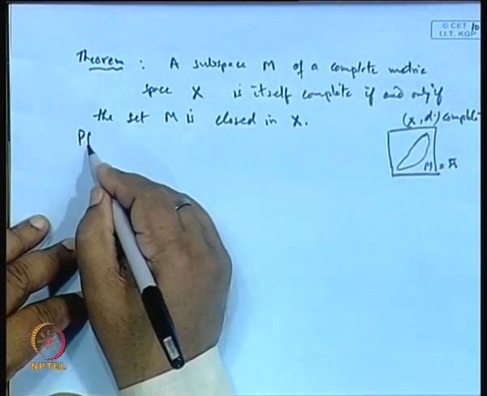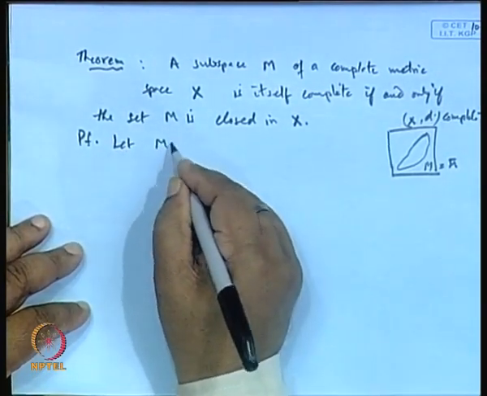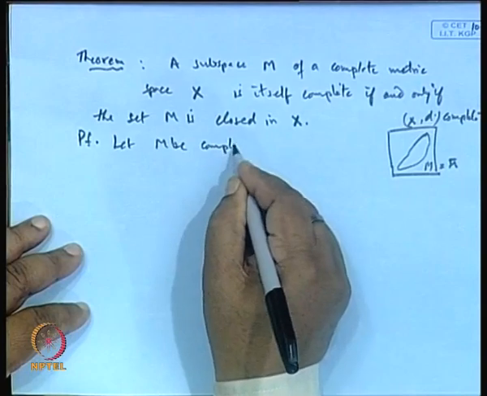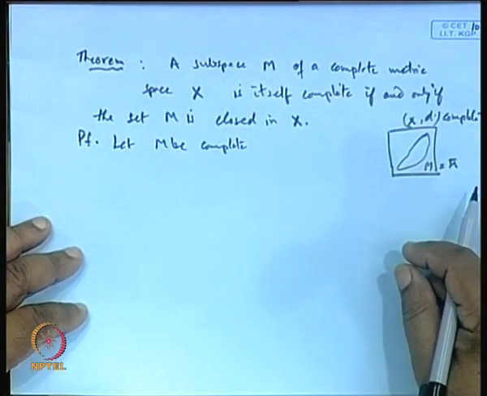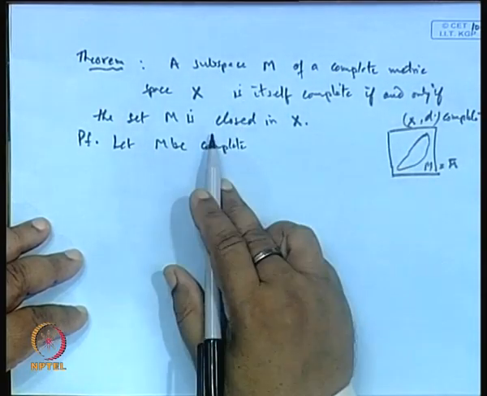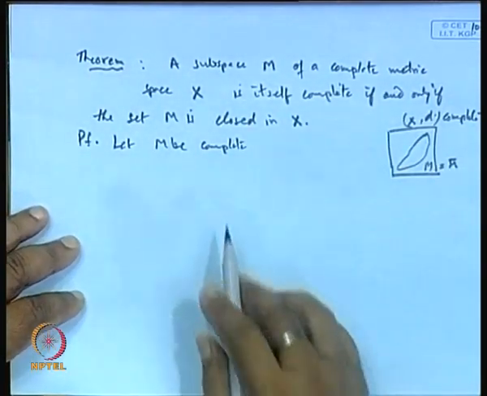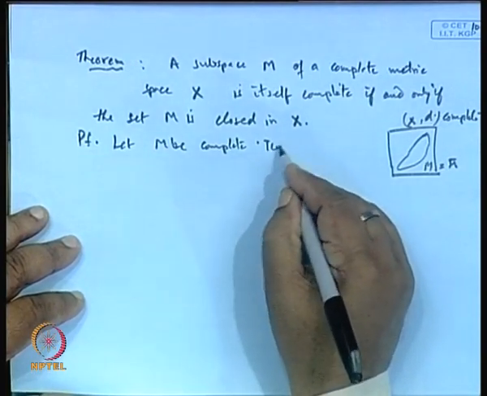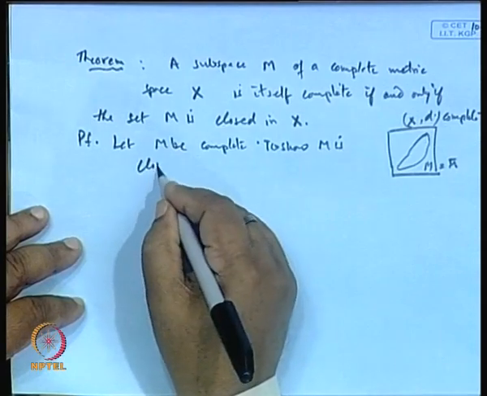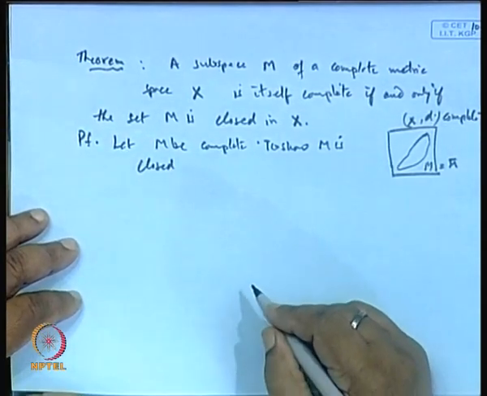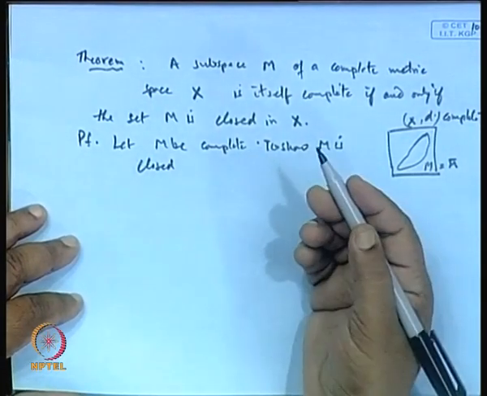So, that is a very good proof. Let M be complete, suppose. What we wanted to show is that M is closed. If it is complete, then M is closed. This is our proof. Now, to show M is closed, what we show here is that it contains all of its limit points.